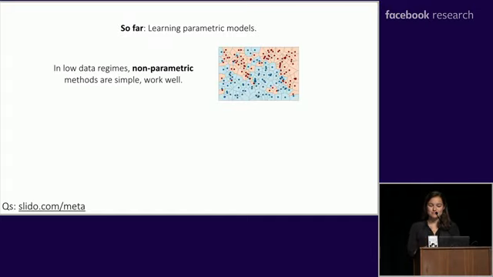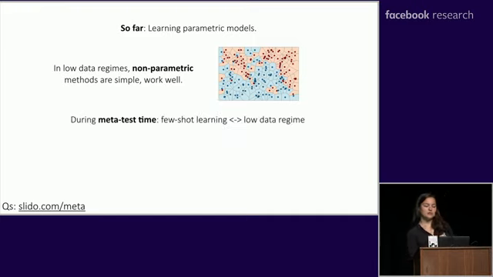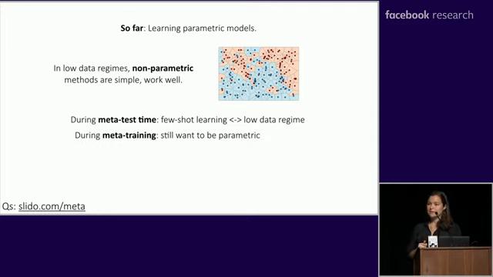During meta-test time, we're in a few-shot learning setting, and so we are in a low data regime. However, during meta-training, we still want to be parametric because we have large amounts of data across all of the meta-training tasks. So the key idea behind these approaches is: can we use a parametric meta-learner in order to produce a non-parametric learner?